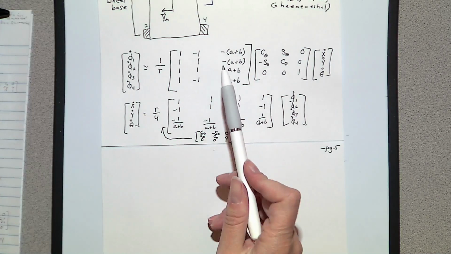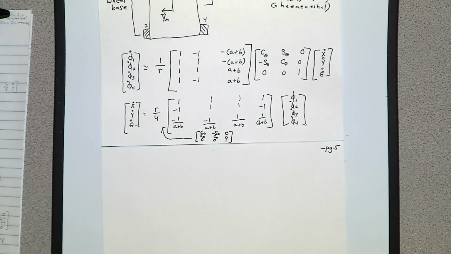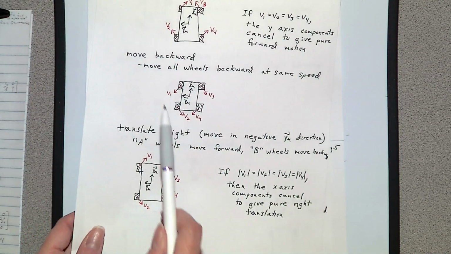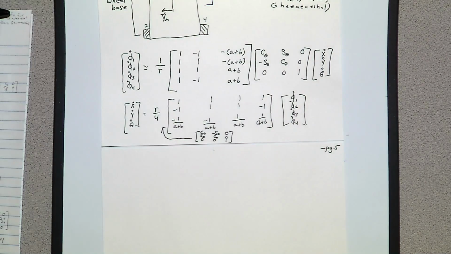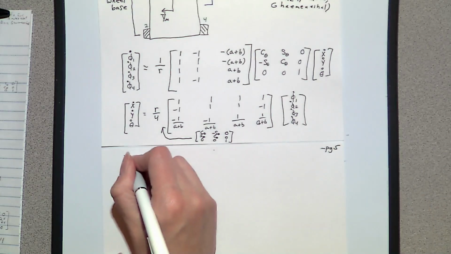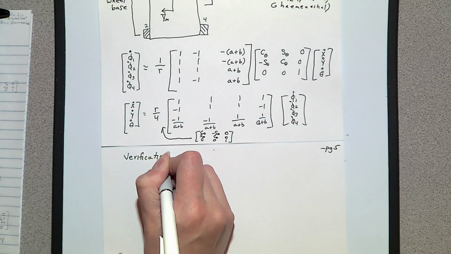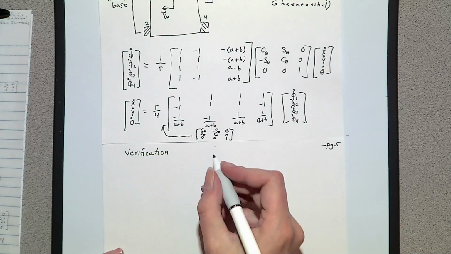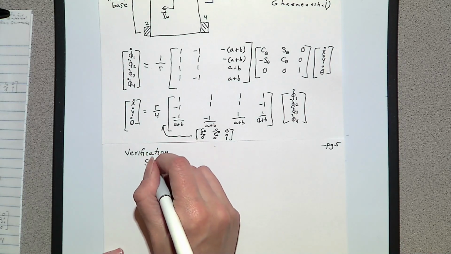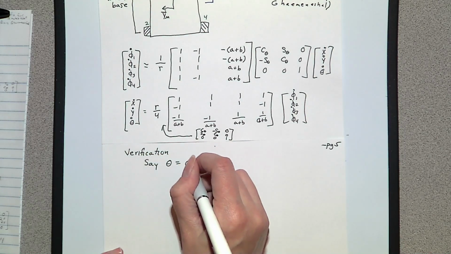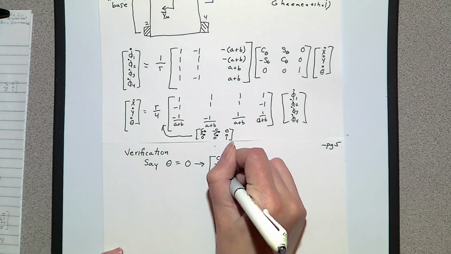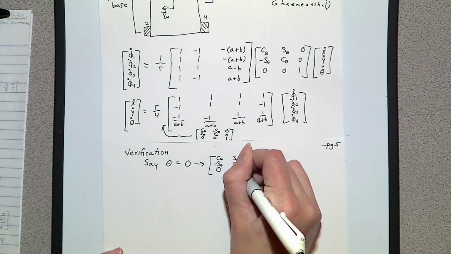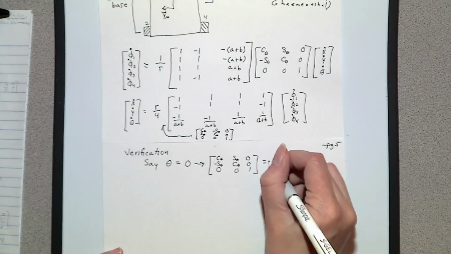And so the question is, does this align with what we were talking about in all of these cases as to what velocities we should apply when we want to move in certain directions? So let's say that theta equals 0. So our rotation here is just the identity matrix.